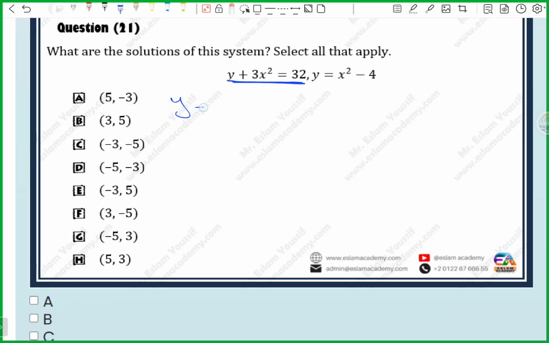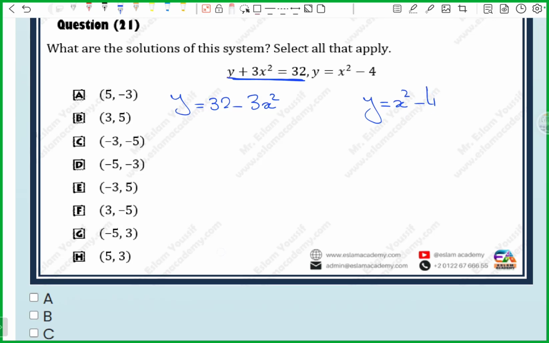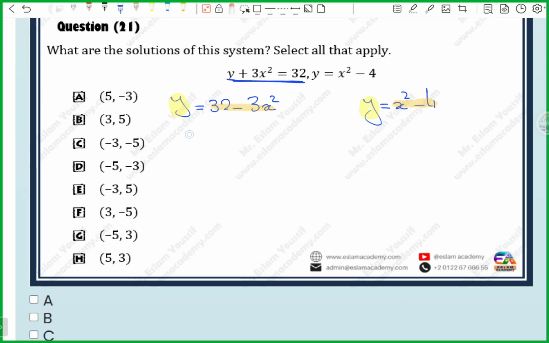So y equals 32 minus 3x to the power 2, and the second one, y equals x to the power 2 minus 4. Now once y equals y, then the right is equal to the right. So we can say that 32 minus 3x to the power 2 equals x to the power 2 minus 4.